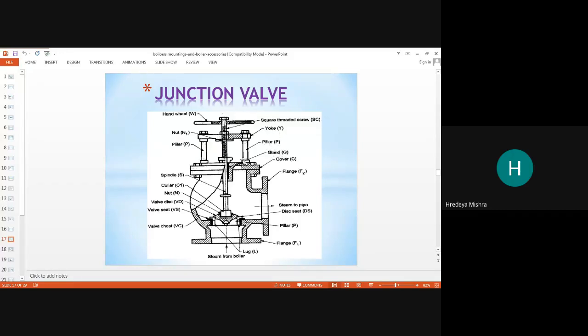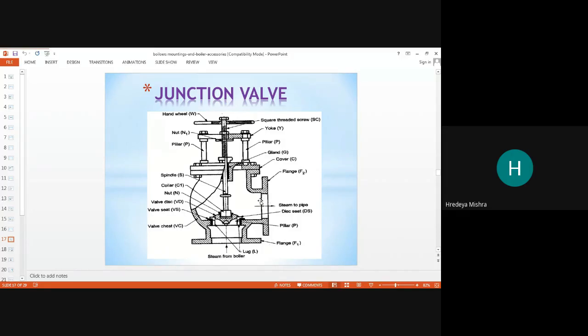This is the section part, and this is the non-section part, meaning this is cut section to show the internal part. Now see yoke, pillar, gland, cover, this is the flange, steam to the pipe. See here, steam to the pipe. And this is another pillar, and the second flange is there.